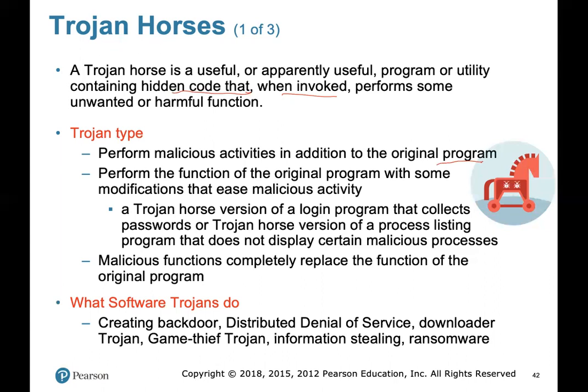The victim continues using that application because that application is giving the expected services to the victim. For example, you open your Microsoft Word, and let's assume that it has a Trojan horse in the code.